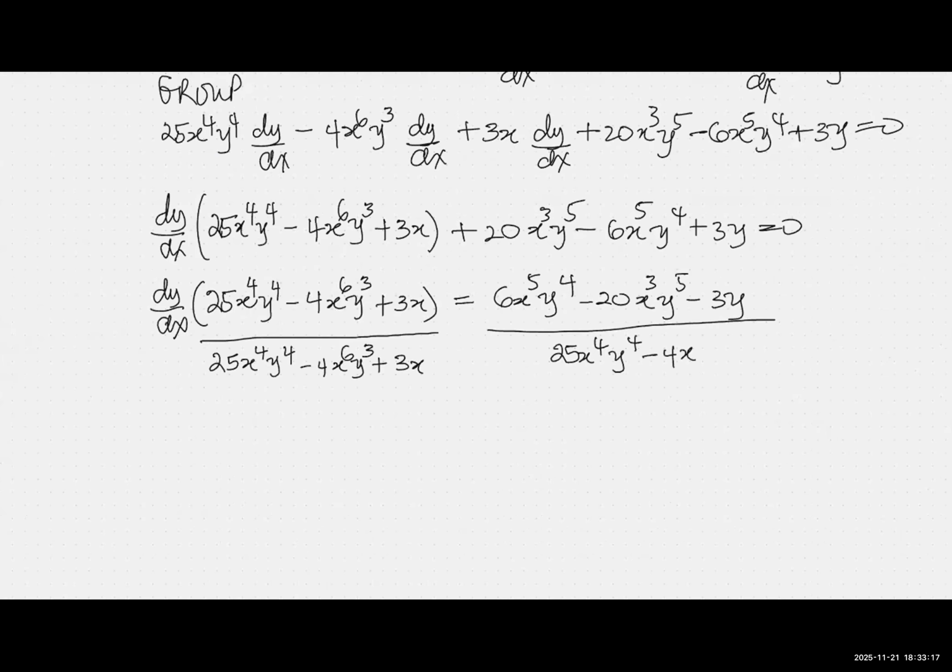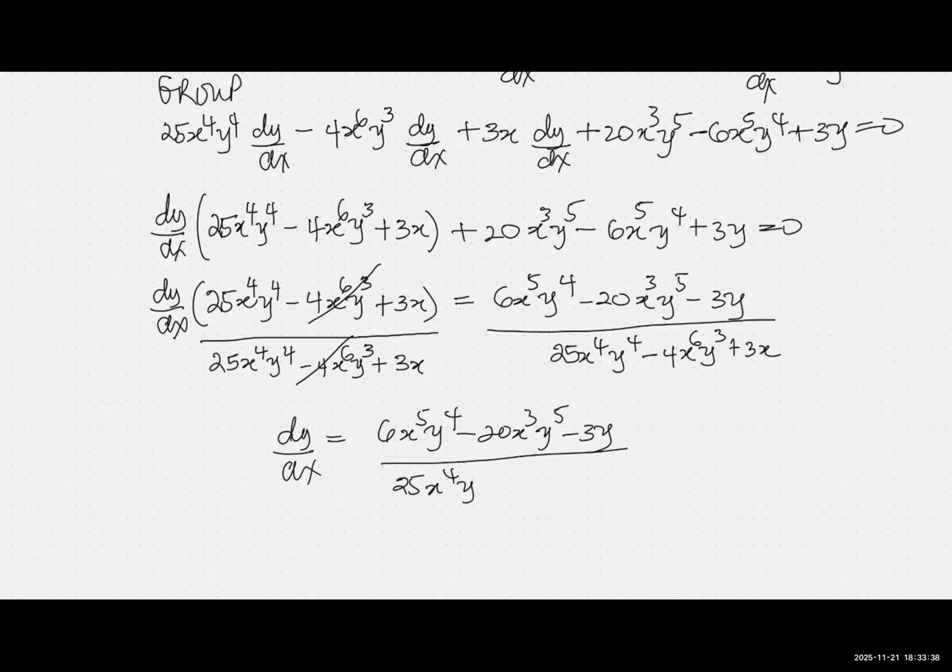This cancels that. Therefore, my dy by dx is simply 6x to the fifth, y to the fourth, minus 20x cubed, y to the fifth, minus 3y, all over 25x to the fourth, y to the fourth, minus 4x to the sixth, y cubed, plus 3x.